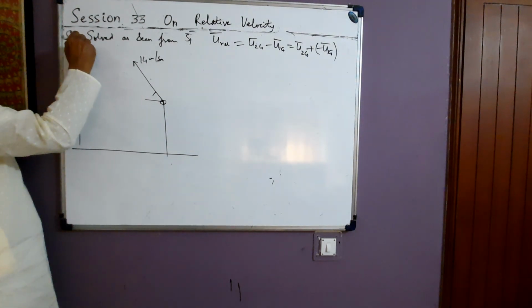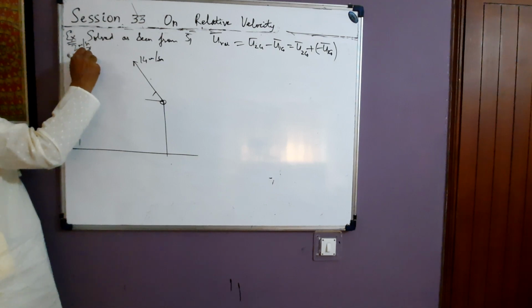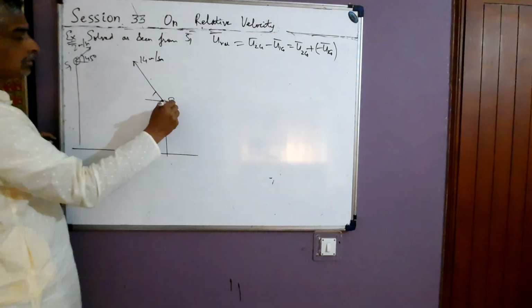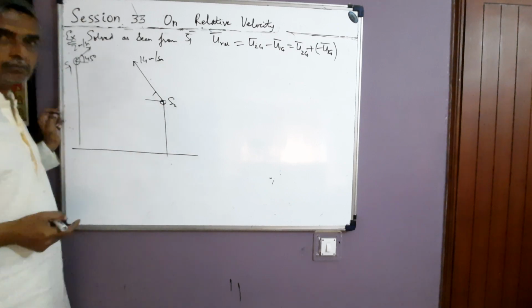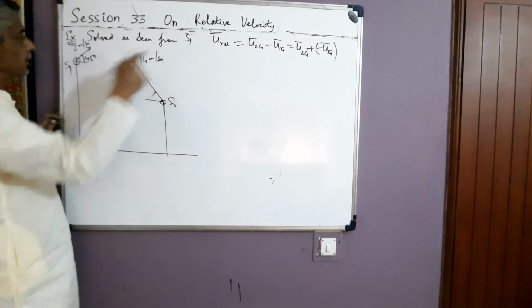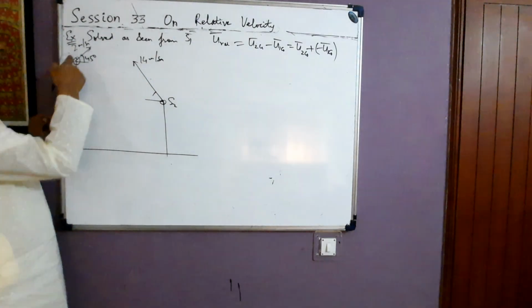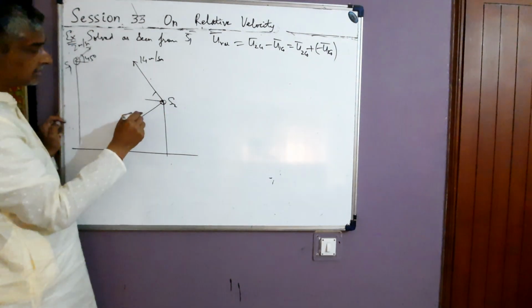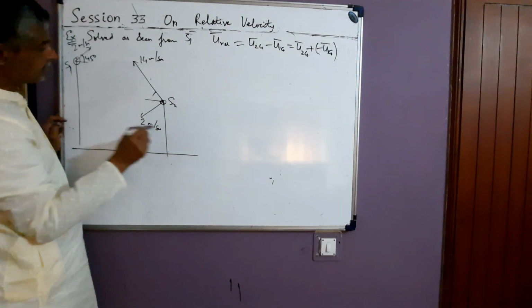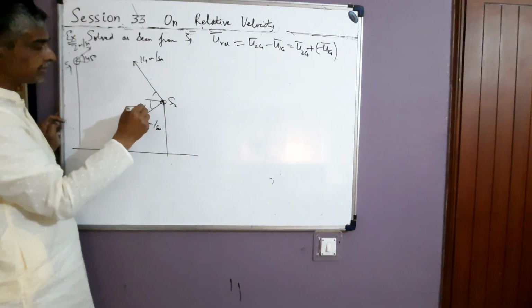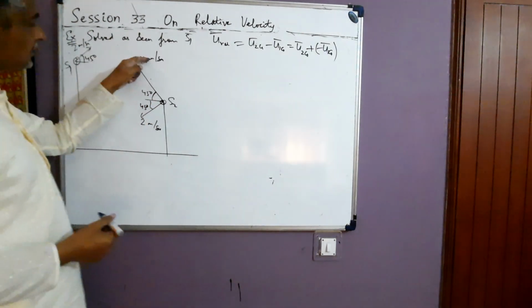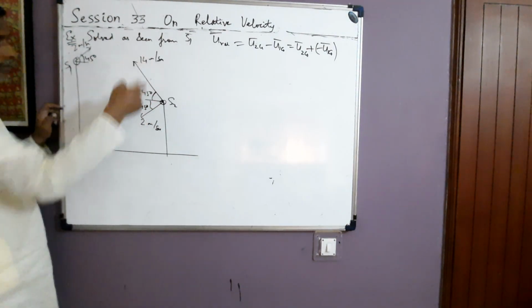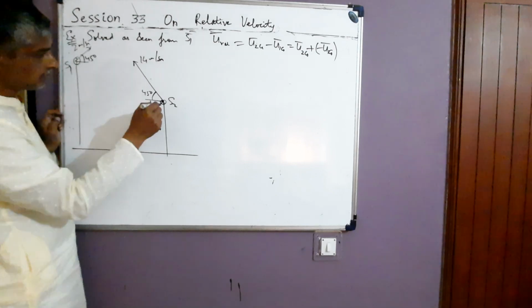S1 has been fired at 2 meter per second, that also at 45 degree. This is S1, this is S2. We are solving as seen from S1, so we are observing S2 from S1. So to find u relative, we have to reverse this and add to this. If we reverse it, it will be like this, 2 meter per second at 45 degree. So u relative is the vector sum of these two, by the parallelogram law of vector addition.